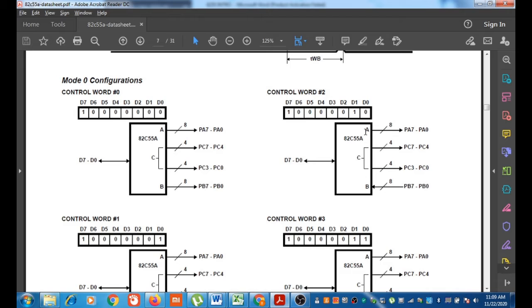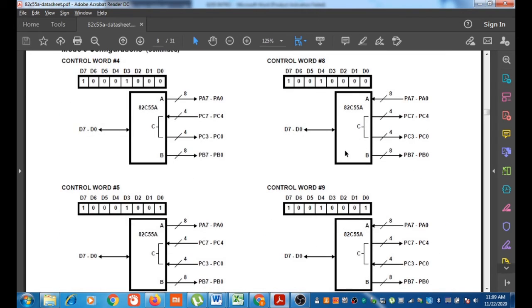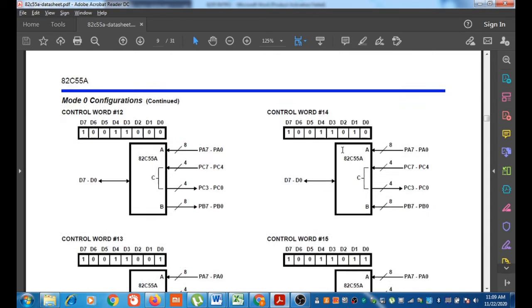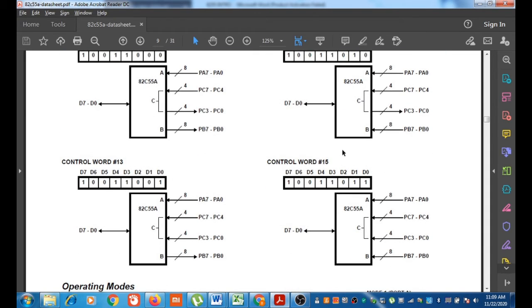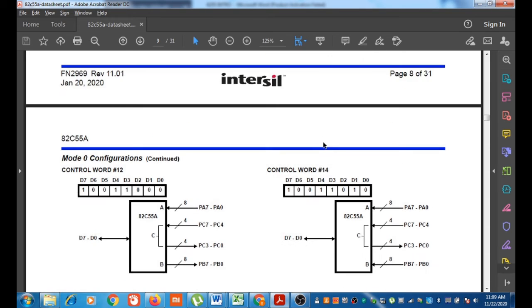Then another combination, here port B is configured as input port, port A and port C are output ports. See the change here, D1 bit has become 1. Similarly you will be getting 16 combinations.